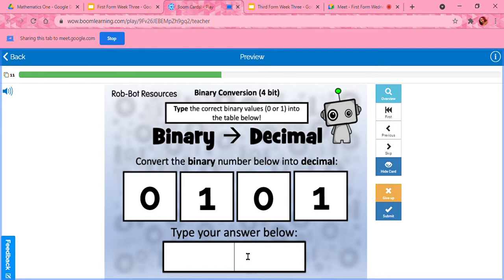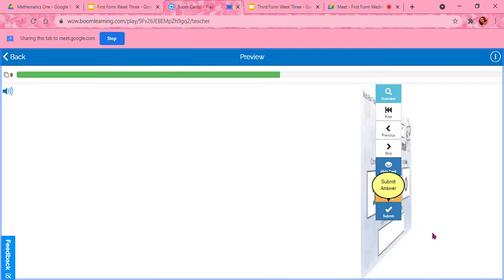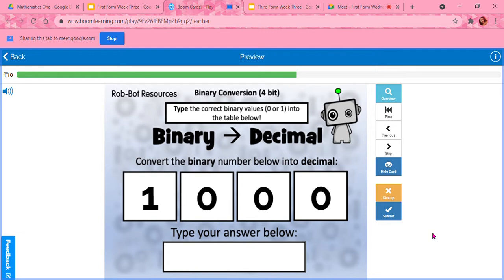Next one. 5. Very good. 6. So we have 4 here and 2 here, so that gives you 6, right? 7. Very good. 8.